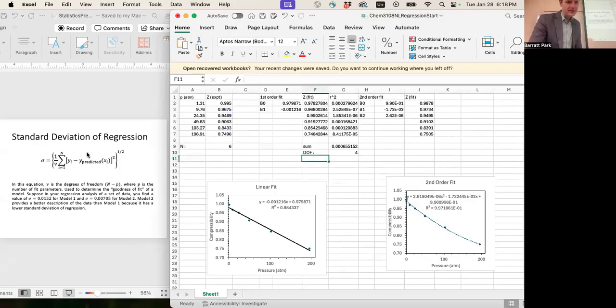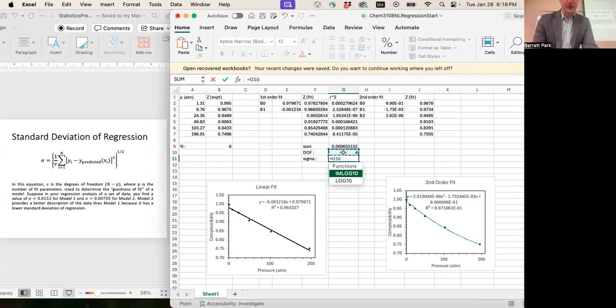So now I think I'm ready to calculate this formula. So sigma, the standard deviation of regression, is going to be, I'm going to take the sum of the squares of the residuals, that's this cell here, divide by the number of degrees of freedom, nu, that is this cell here, 4. Oops, I need to take this one, divide by this one. And then I take all that and take the square root of it.